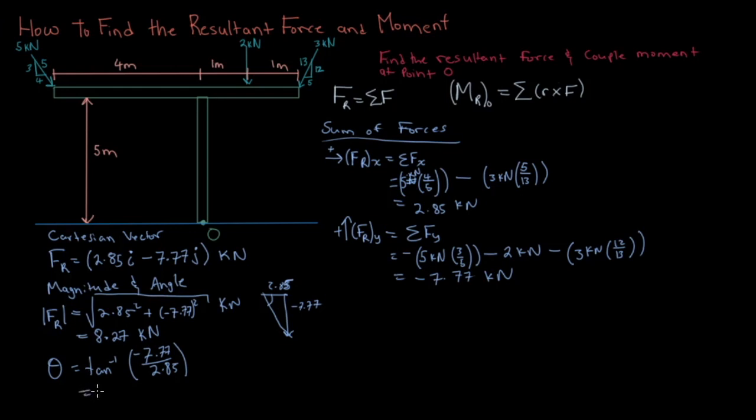And the angle we get is negative 69.9 degrees. Okay, and then we would just indicate which angle we're talking about by writing it in this form here.